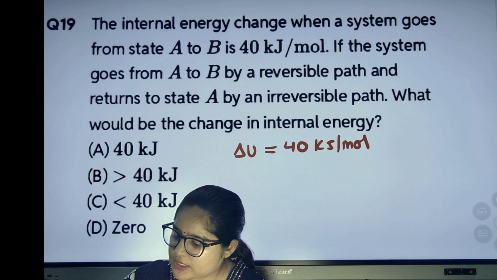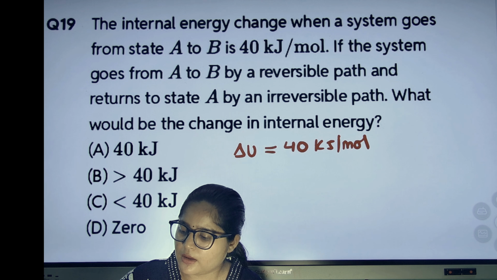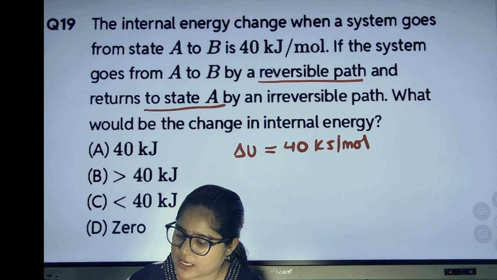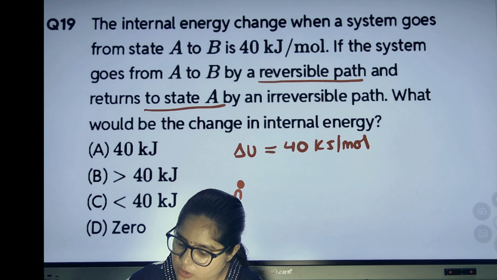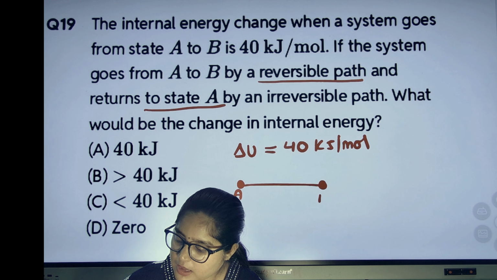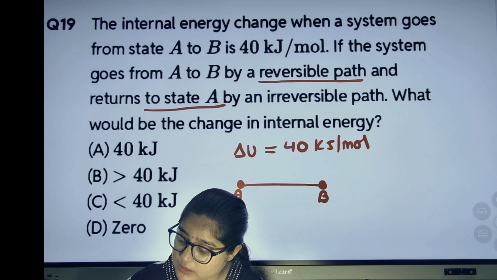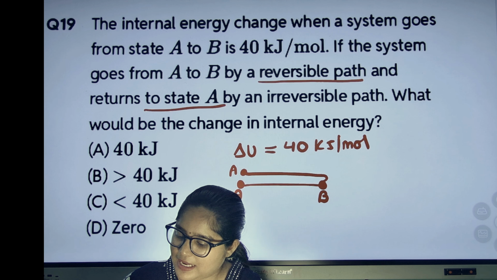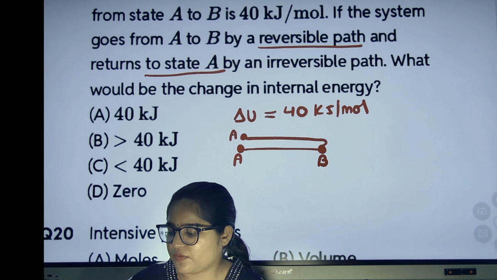Okay. If the system goes from A to B by a reversible path and returns to state A. So I am starting from A and then going to B, and we are using a reversible path. It means again I am coming back to A. What would be the change in internal energy? Now you tell me fast.